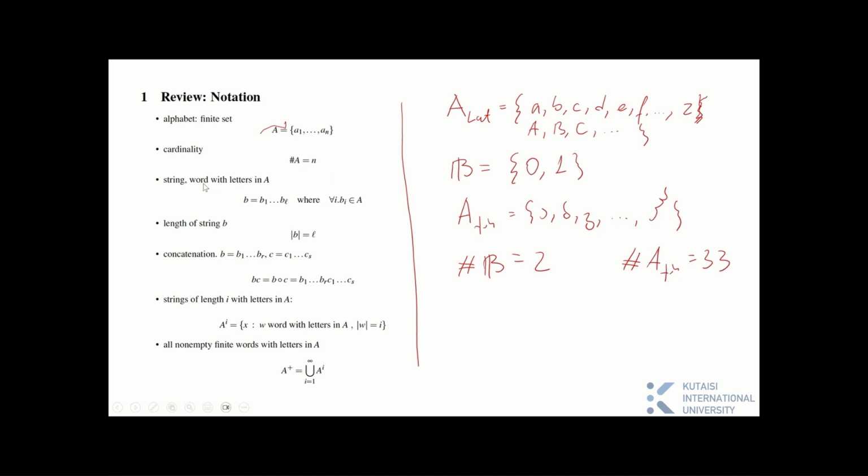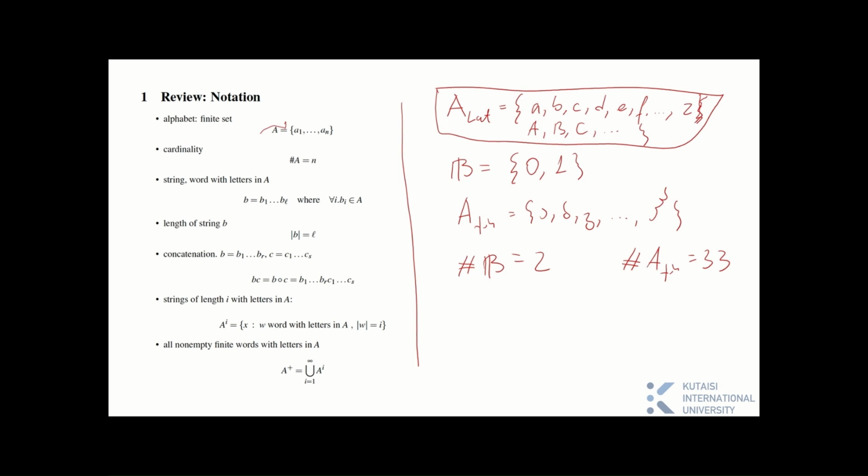Now what is a string or a word? A word with letters in A. So I fix my alphabet, let's say the Latin alphabet, and I say what a word is there. A word also means that your alphabet is fixed. A word will be any combination of symbols from your alphabet.